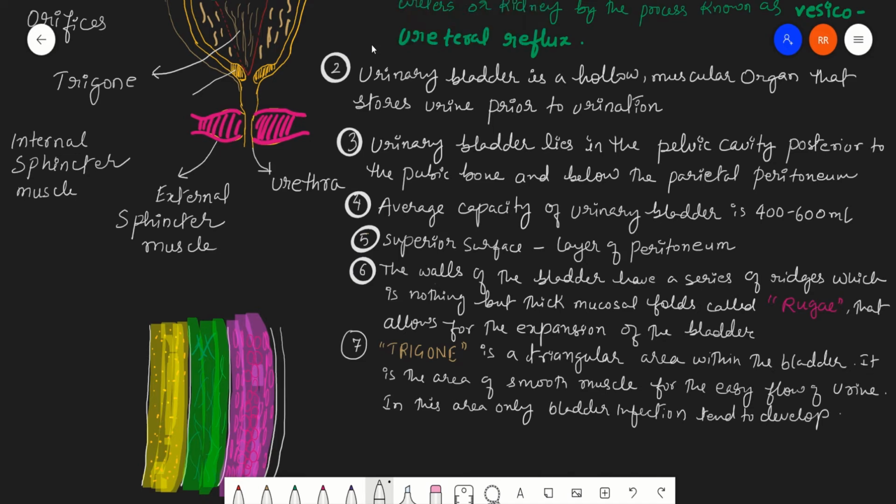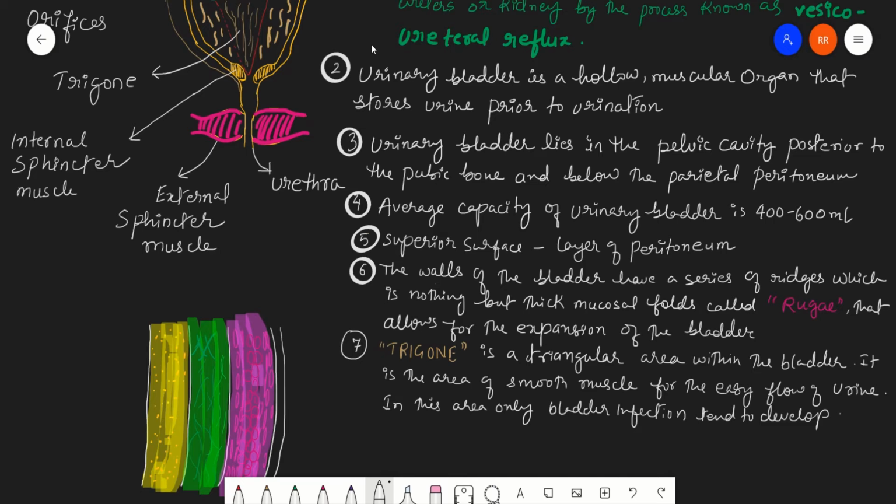And when we come to the inferior part of the urinary bladder, we find at the junction of the urinary bladder and the urethra, the smooth muscle of the bladder wall forms the internal sphincter muscle.